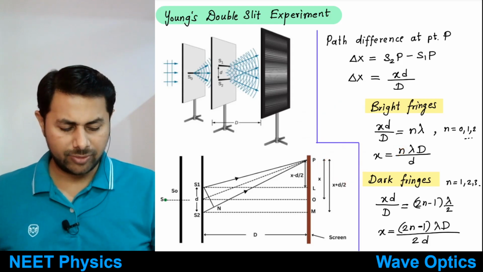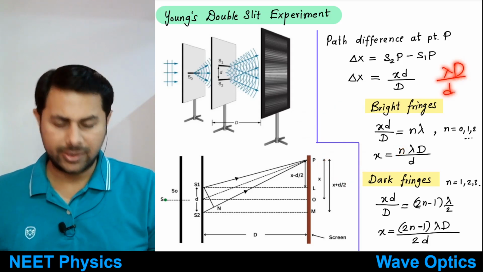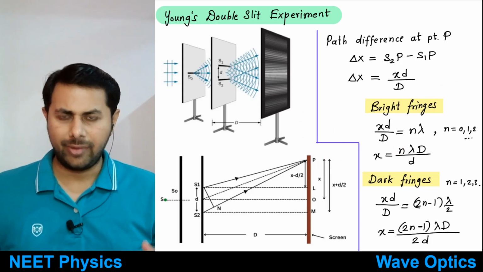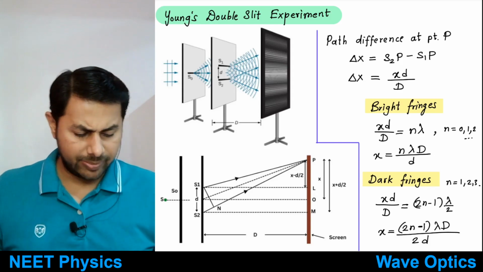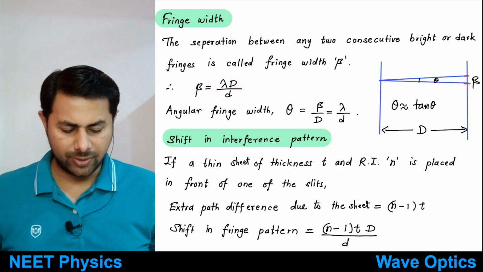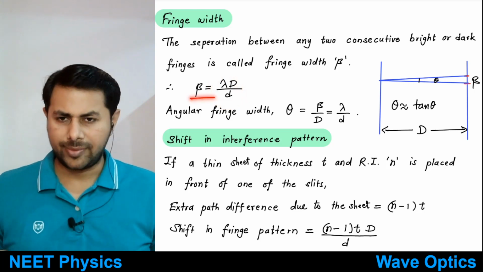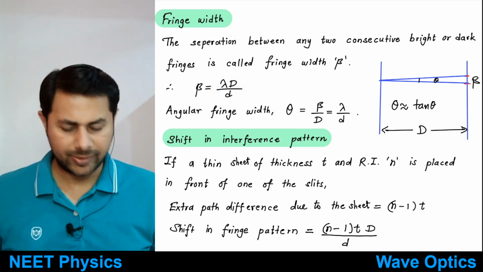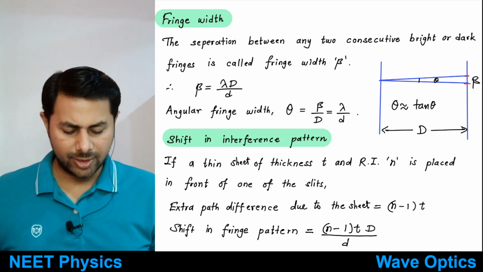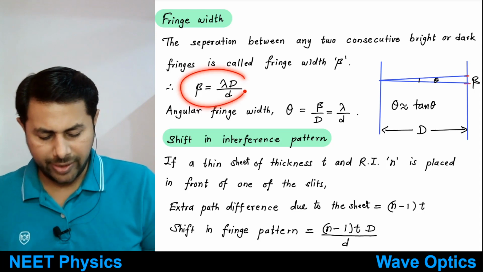What is the separation between them? The separation is lambda capital D by small d. So the fringe width is lambda capital D by small d. Okay, so it is the separation between two bright fringes or two dark fringes, right? For dark fringes it also comes out equal. So this is the fringe width.